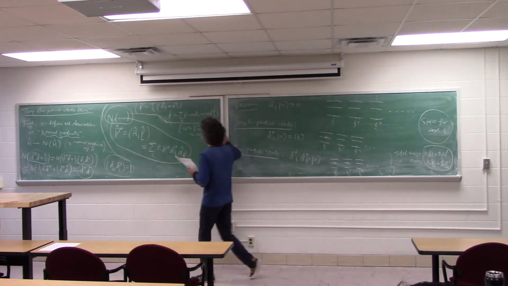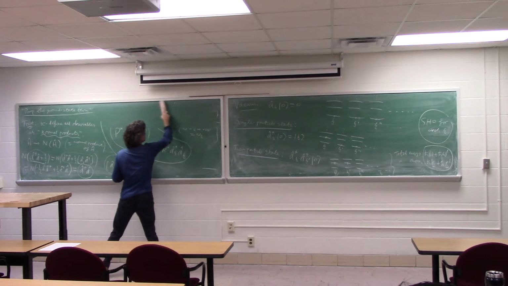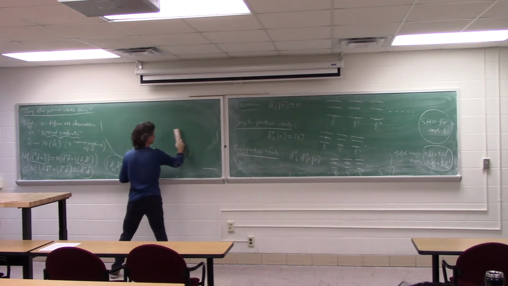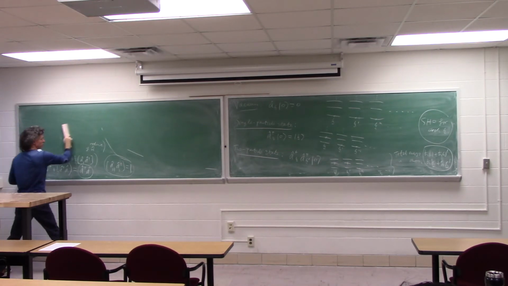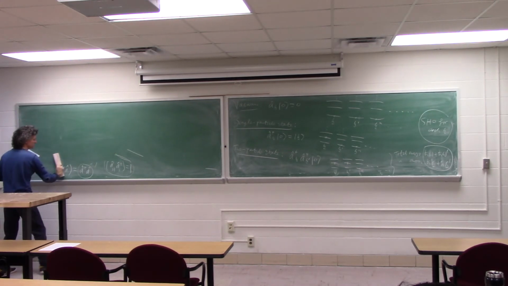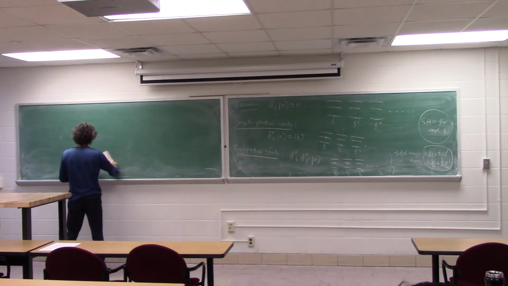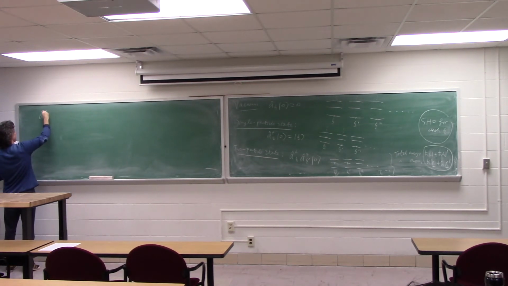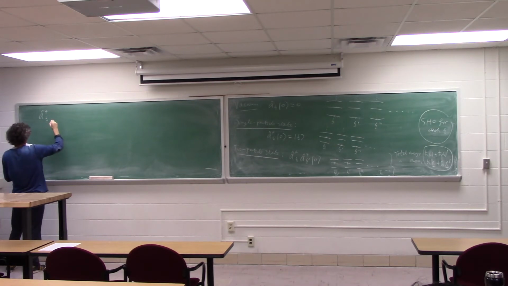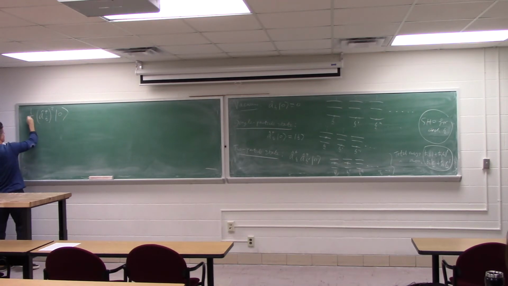I could also have more than one excitation in a mode. I could look at a state of the form a hat dagger k squared acting on the vacuum, with a 1 over root 2 for it to be normalized.